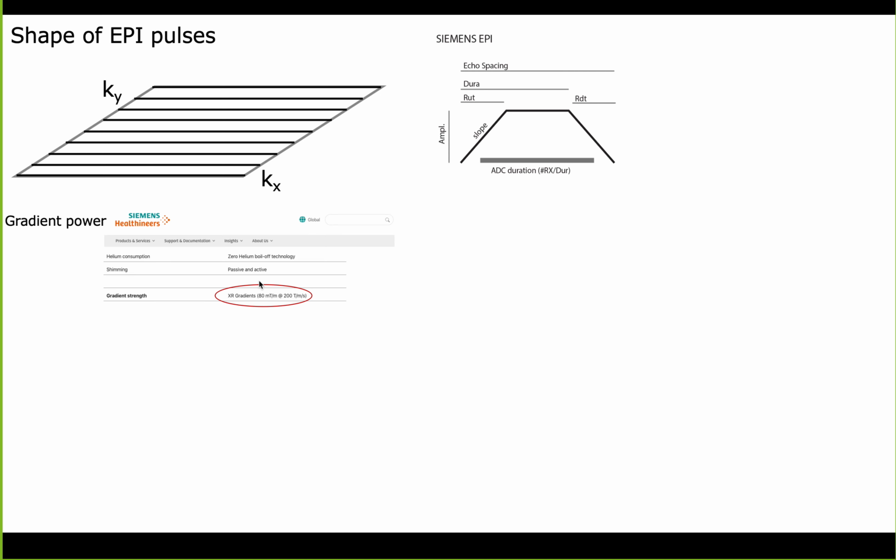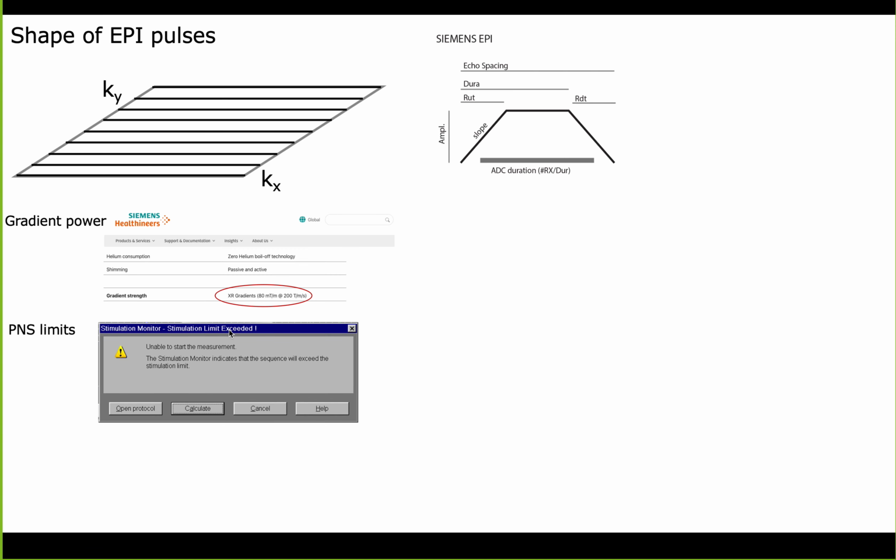If you have a more expensive scanner or a different gradient coil, this power is slightly different. I think especially for the Terra, this is 80 millitesla per meter. Maybe for us it's 70 or something. It's roughly similar. The slew rate is in the range of 200 millitesla per millisecond.